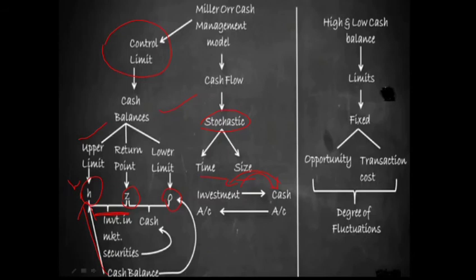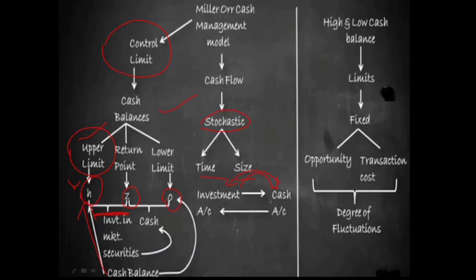When the cash balance touches the upper limit, it is suggested by the model that the amount between h and z should be invested in marketable securities.